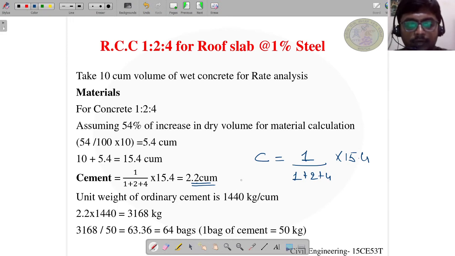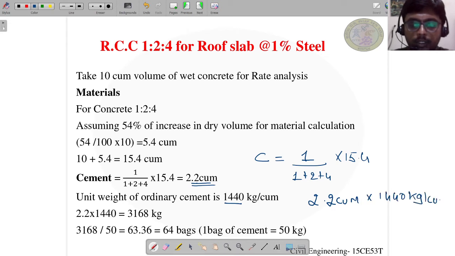But how to get it from the market? How to work out its quantity? We know that unit weight of ordinary cement is 1440 kg per cubic meter. So let us multiply 2.2 cubic meter into 1440 kg per cubic meter. Here cubic meter goes.